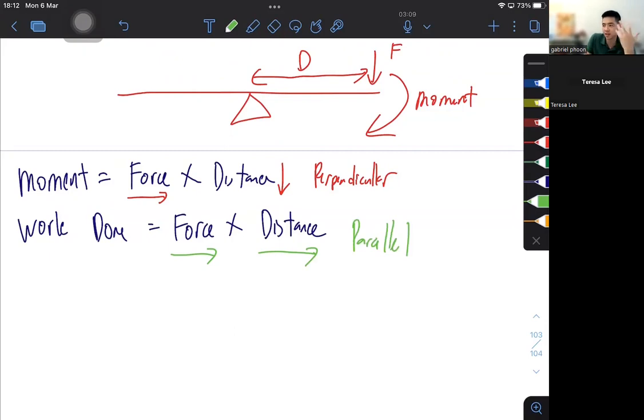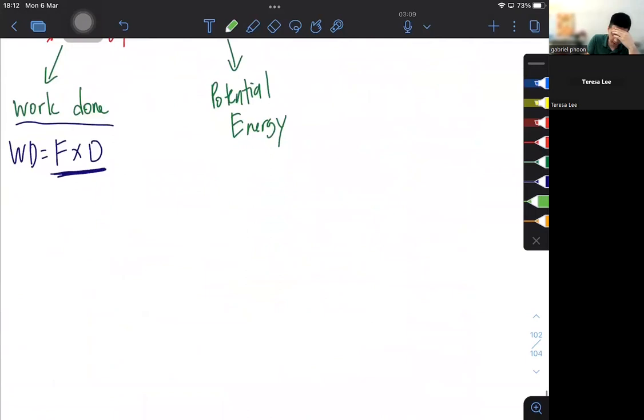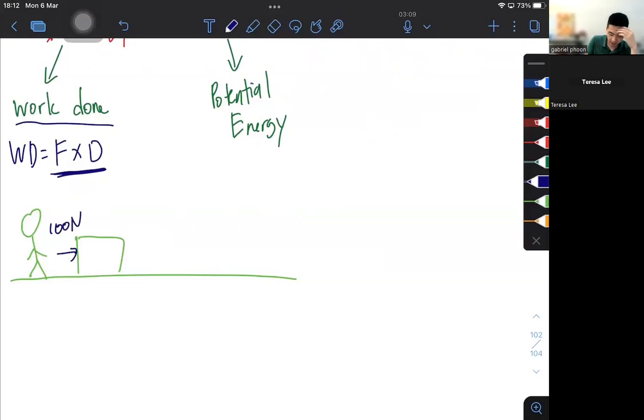So what is an example of work done? Let's say, for example, today, I am standing here and I have a block here, this is the ground. I want to apply a certain force to it. Let's say I apply a force of 100 newtons. And this block moves a certain distance. Let's say it moves 5 meters here. From here, I can calculate the energy I have exerted onto this block.